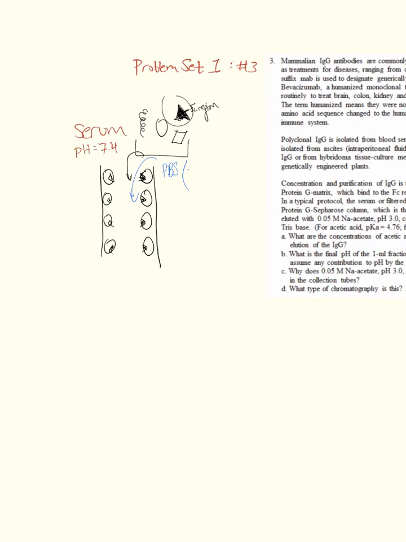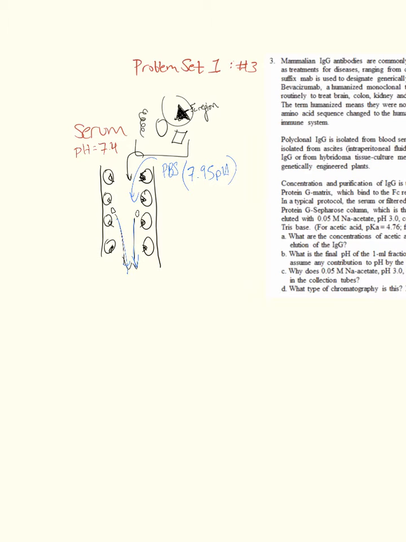Yes, 7.95. That's the pH of PBS. So in case there's a square left somewhere or a circle left somewhere, PBS will wash it out in case there's anything stuck in there.